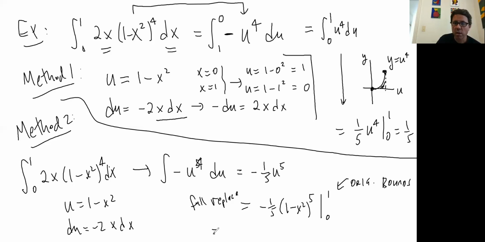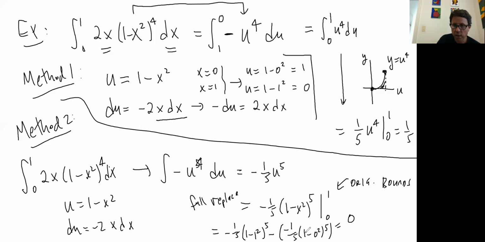So that when I substitute in the numbers, I'll get minus 1/5, and then I plug in 1. If I plug in 1, I'll have 1 minus 1 squared to the 5th, and that'll be 0. Minus, now plug in 0. So write the whole thing out. Minus 1/5, 1 minus 0 squared to the 5th. And that'll end up being 0 on the front end because it's 1 minus 1.